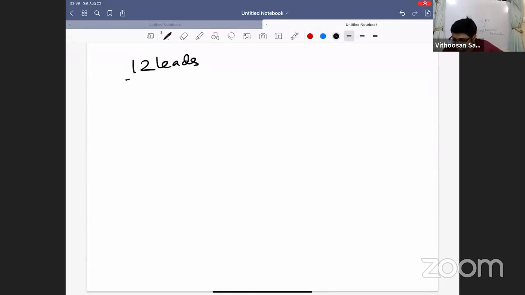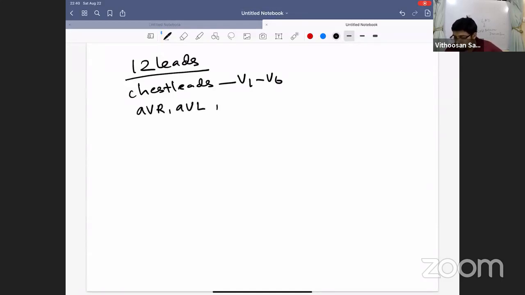What are the 12 leads? We have the chest leads, V1 to V6. Then there are AVR, AVL, and AVF, which are limb leads, and lead 1, lead 2, lead 3. So altogether 12 leads are there.